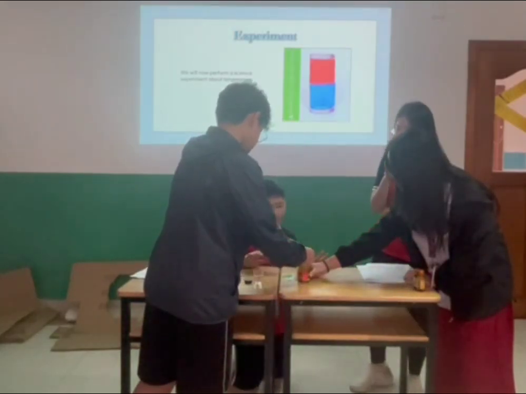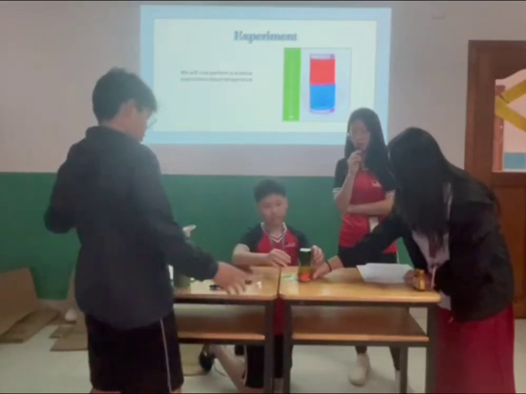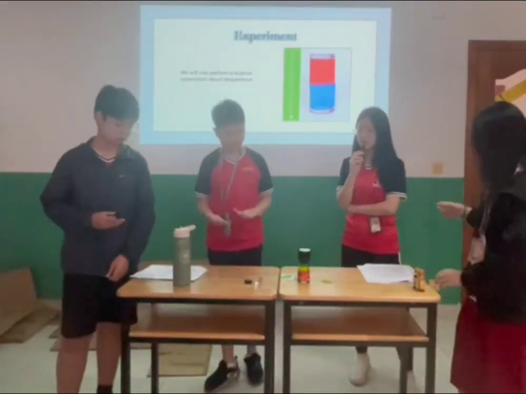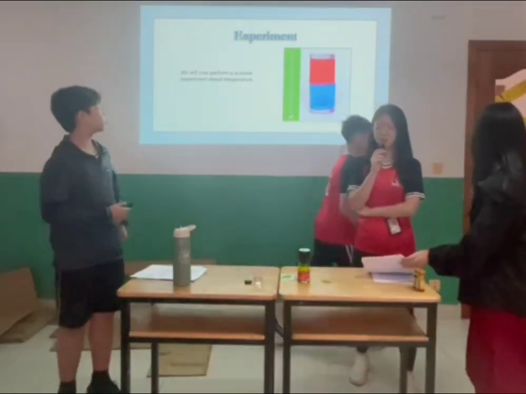When we pull the card out, as you can see, the hot water stays above the cold water. This is because the water's weight becomes less as it heats up, thus it stays on top of the cold water.